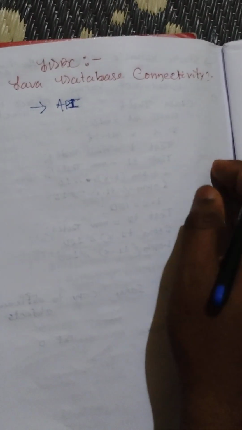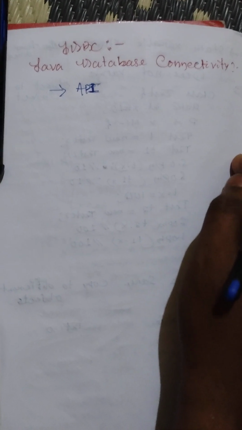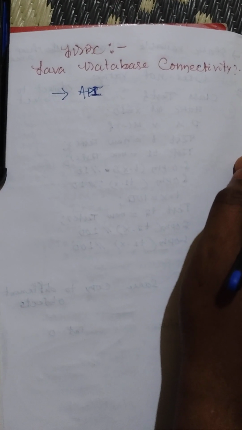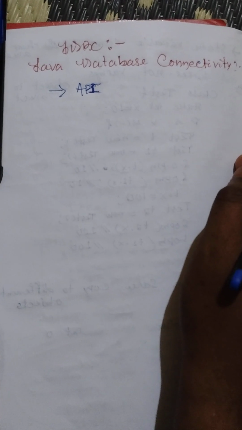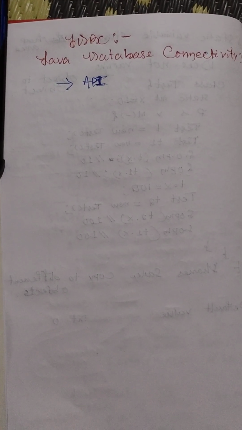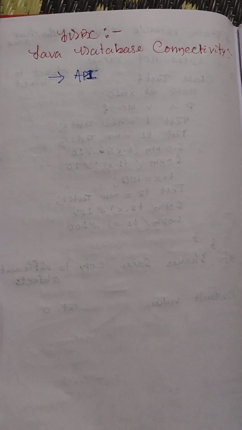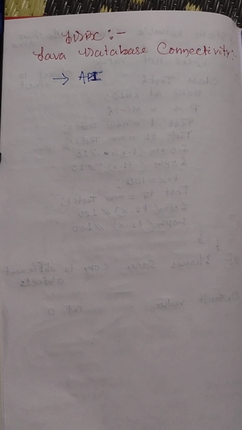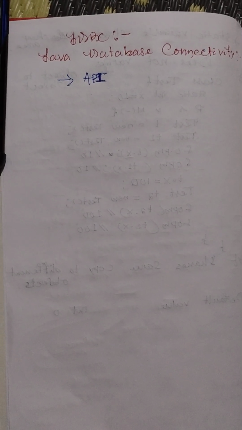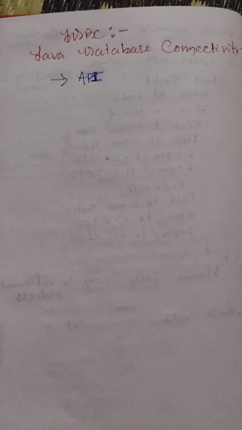As I said, JDBC is an API that allows us to communicate with the database. That API provides several predefined classes, interfaces and methods. With the help of those classes, interfaces and methods, we can communicate with the database, and it is used to perform CRUD operations.